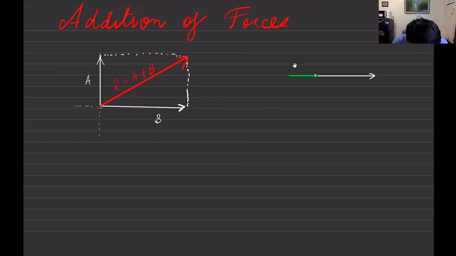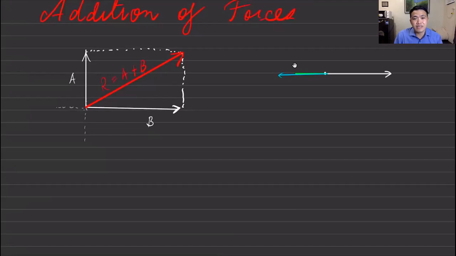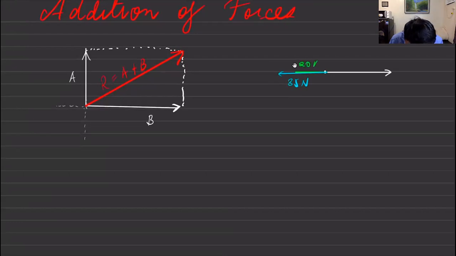And then we have another vector, again to the left, something like this. Better if it's a straight line. So just remember these are three vectors. The first, the blue vector, let's have an arbitrary value, say 35 newtons. And then the green vector, let's say 20 newtons, perhaps. And of course, the white vector, let's say 35 newtons.